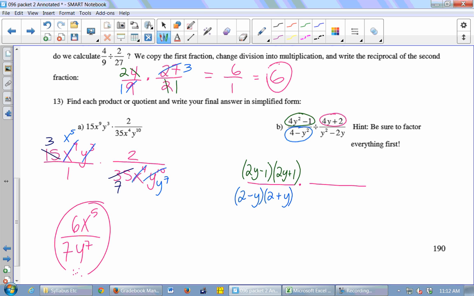So when I factor that, I'm going to write it as 2 times 2y plus 1. And then this last guy, y squared minus 2y. It also has a GCF. What's the GCF of those two terms? Y. So it's going to be y times y minus 2.